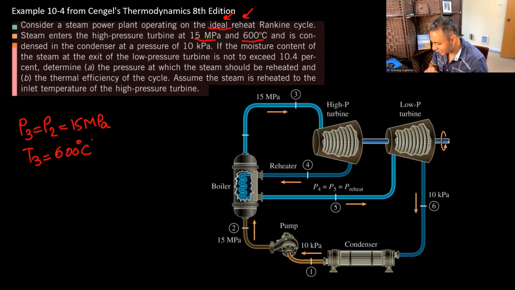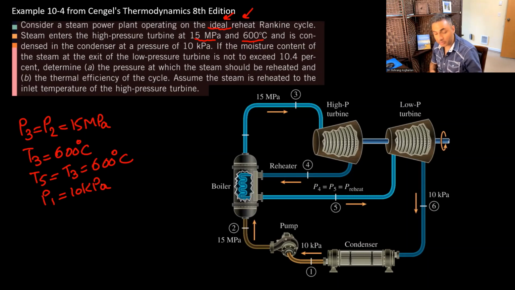Because it doesn't say anything else in the problem about state 5, it's a perfect cycle, I have to assume that T5 is also the same as T3 and it's supposed to be 600 degrees Celsius because it didn't say anything. The value of P1 is given. P1 is 10 kPa, right?